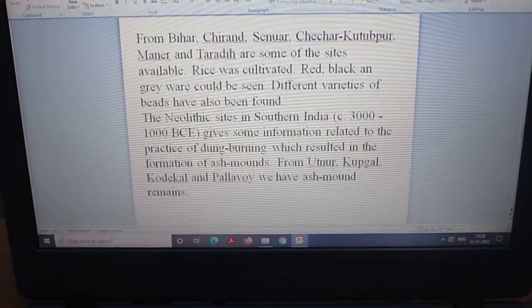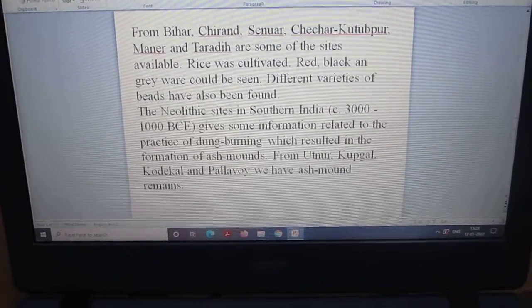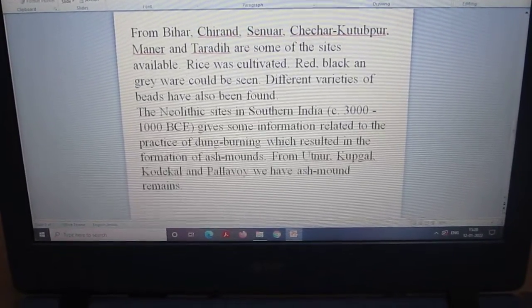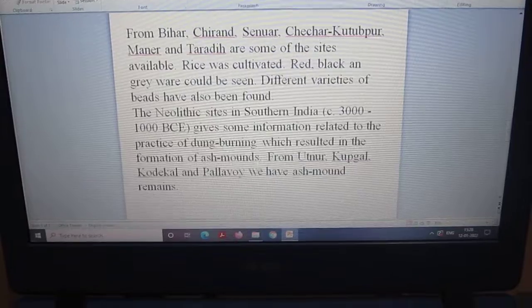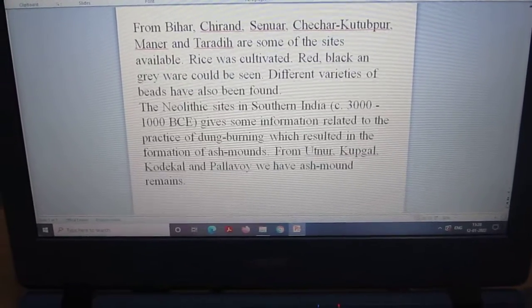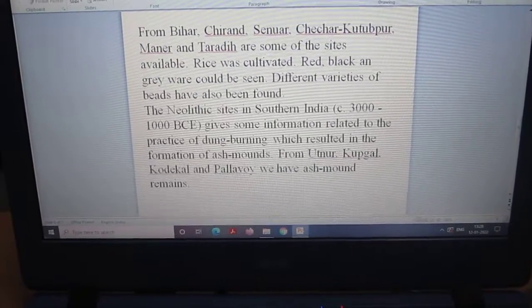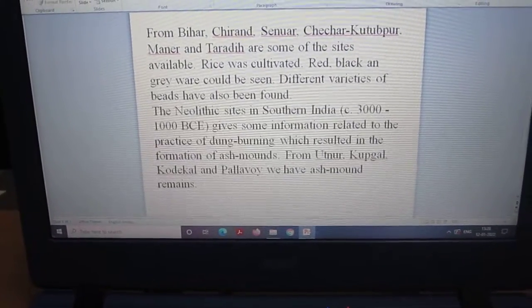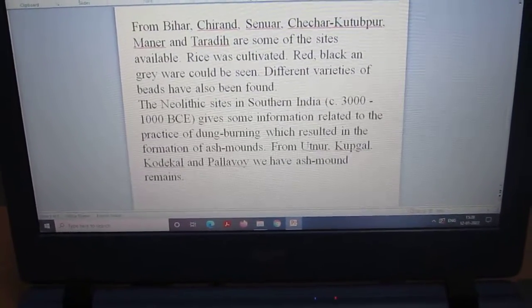In the Balochistan area, people mostly consumed wheat as their staple diet, and in eastern India we see people consumed mostly rice, and along with rice they also consumed other food grains, which include pulses and lentils.